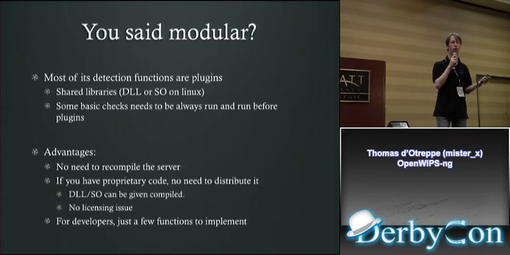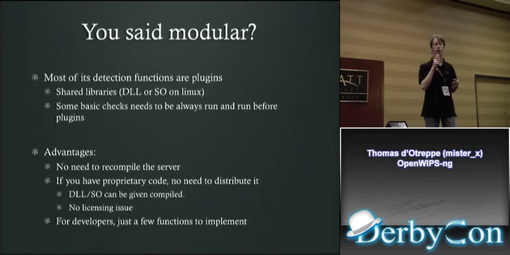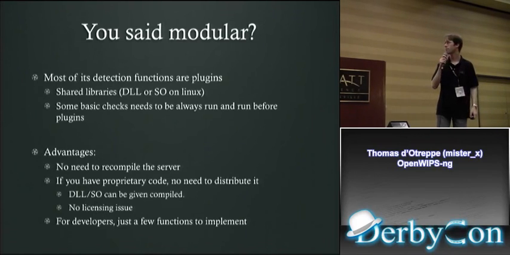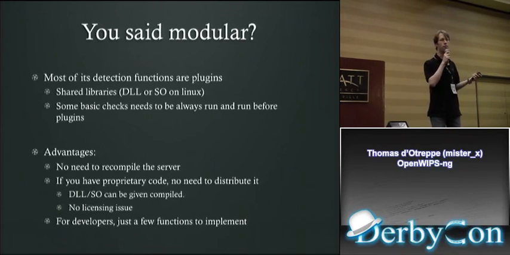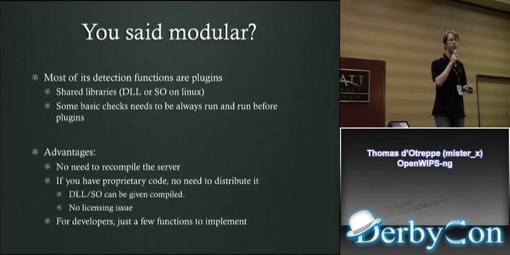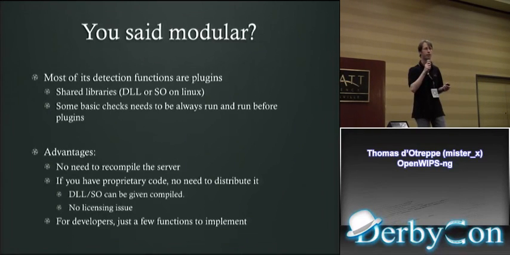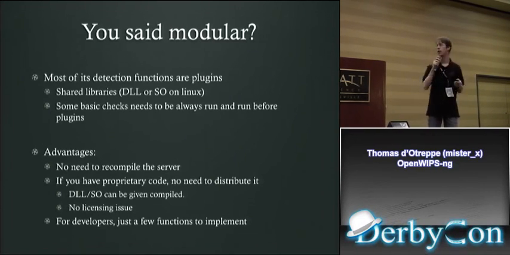So on Windows you will look at DLLs, on Linux you look at shared objects. Unfortunately, some checks need to be done before calling all the plugins, like basic frame checks. The advantage of this is that there is no need to recompile the server when you create a plugin, when you want to add a feature.